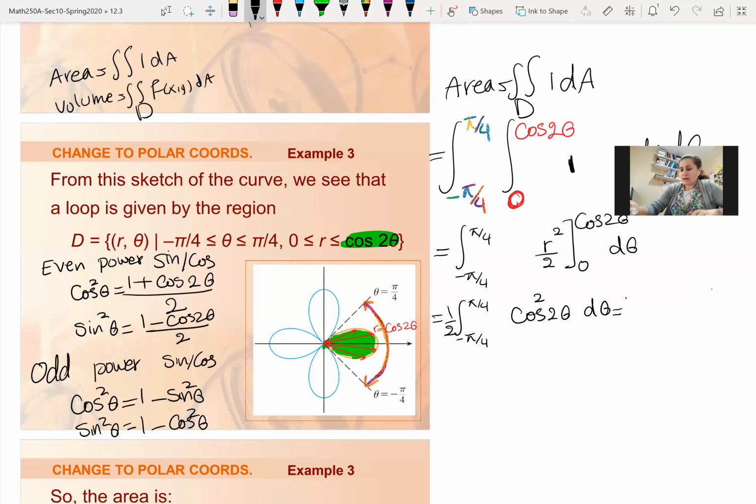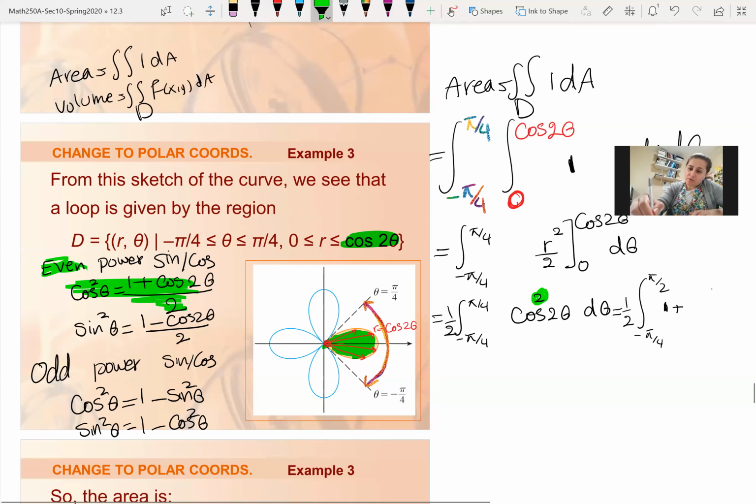So this is half integration from negative pi over 4 to pi over 4. And this is an even exponent, so that should be this formula to plug in. So I reminded you because I needed it right over here to plug in 1 plus. Actually, that is twice, right?